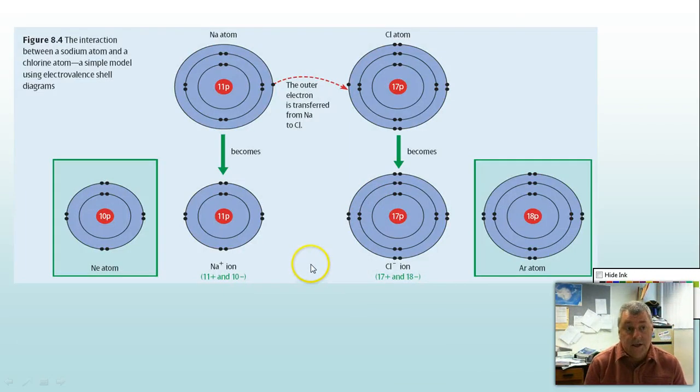This is just another diagram showing exactly the same thing, but this time they've shown the protons in the nucleus, and you can see that the proton number doesn't change. In this case the sodium has gone to the electron configuration of neon, and the chlorine has gone to the electron configuration of argon.